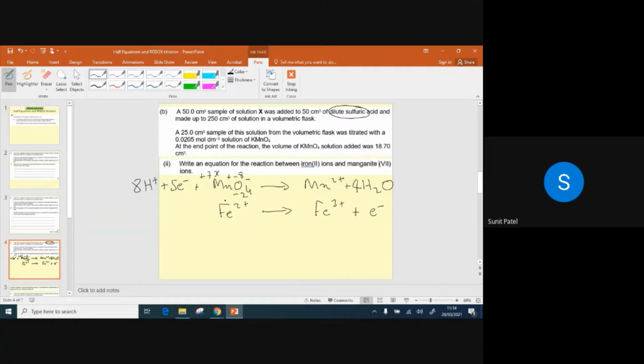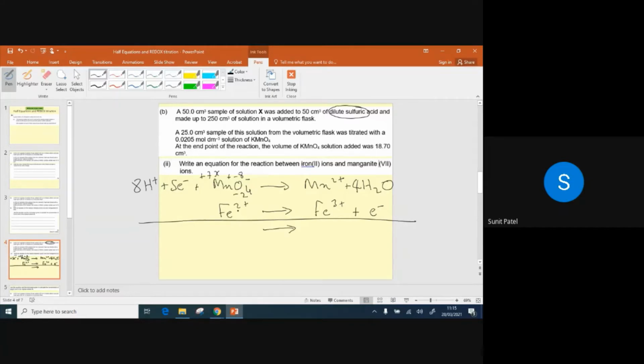And let's just check. 1 mole of Fe before the arrow, 1 mole of Fe after the arrow. Total charge before the arrow is 2 plus, after the arrow 3 plus minus 1, 2 plus. So we know we have a balanced equation here. Right, now the thing to do is add everything together.